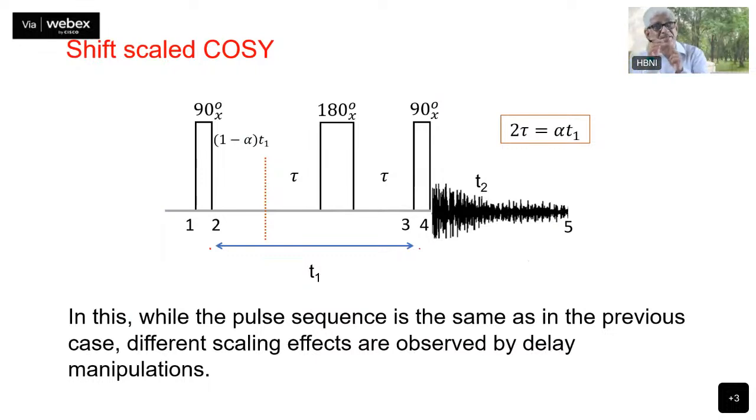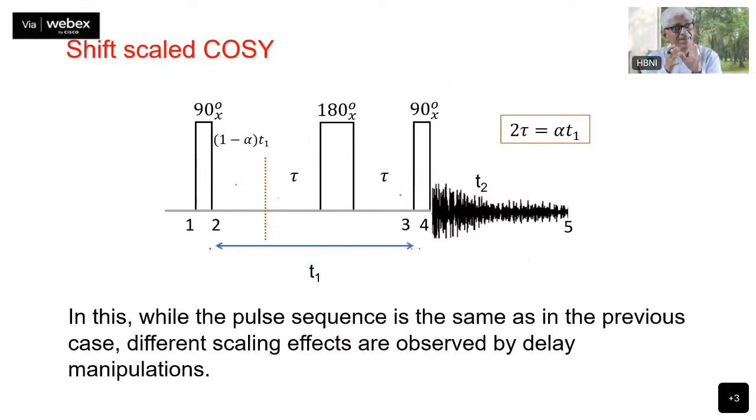T1 was increased by the factor 2 alpha. Therefore, in this situation, we make the distance from here to here T1. We keep that constant. Now this period is the same again, tau, tau, and 2 tau is equal to alpha T1. This period from here to here is alpha T1, and therefore, what is this separation? This will be 1 minus alpha times T1.